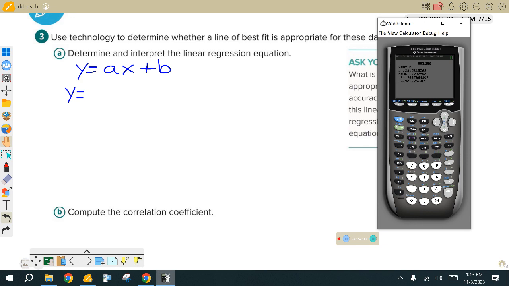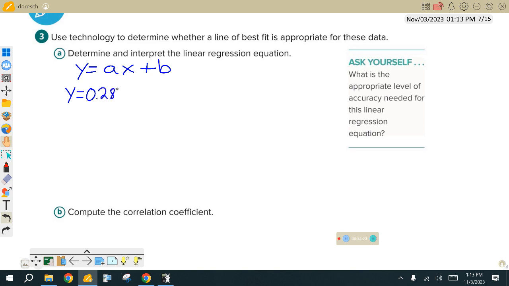So wait, is R gonna be basically the slope? Nope, the R is not the slope. The R will be X in this next one, okay? So when you look at the regression equation, AX plus B, the slope is A, 3 decimals. What is that? 0.282 X, right?